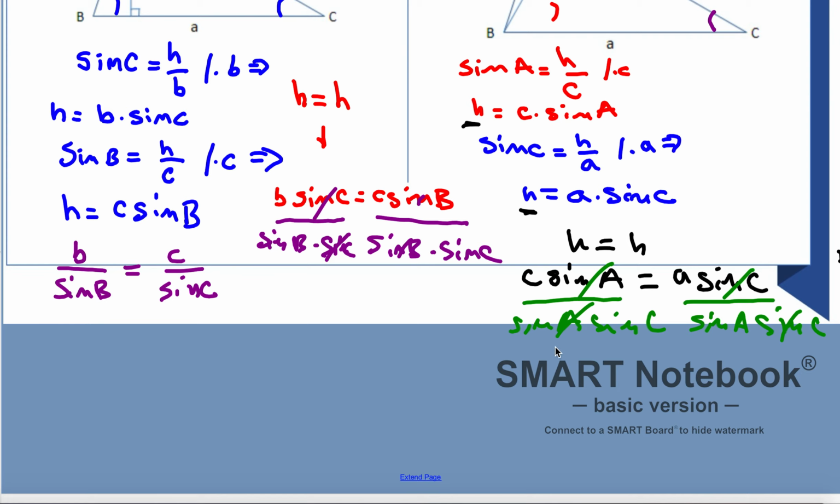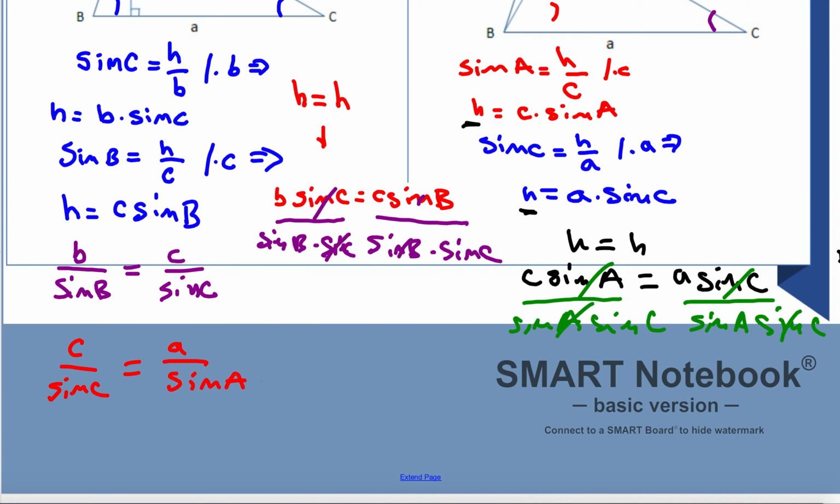On one side we get C divided by sine C, because sine A is simplified. And on the other side, because sine C and sine C simplified, what remains is A divided by sine A.